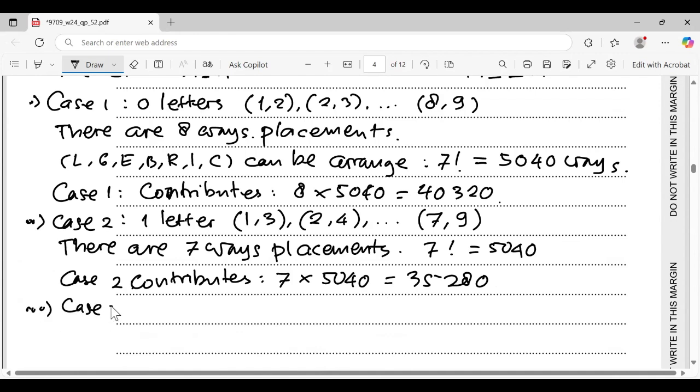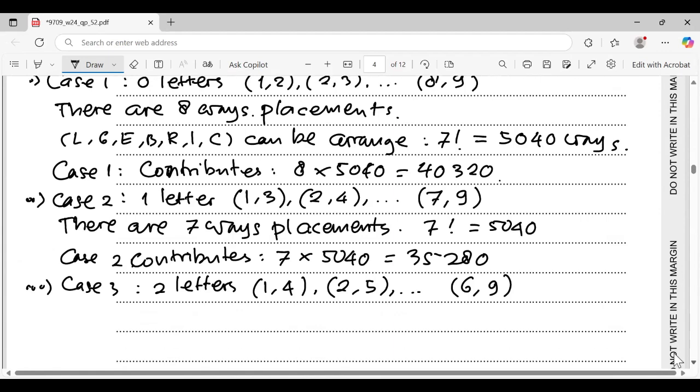And the third case, 2 letters between A and A, such as the first and the fourth letter, the second letter and the fifth letter, and so on until the sixth letter and the ninth letter.